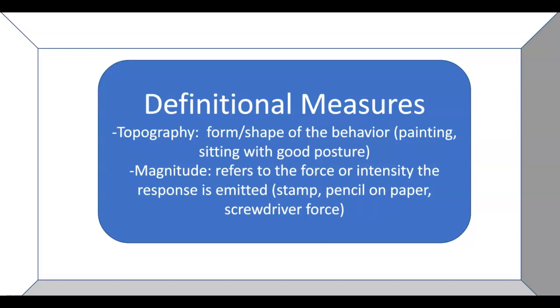These are magnitude, meaning it's not really the form or the shape of the behavior, but rather the force of the behavior. And it's important because, as these examples show, without a specific force, you may not be able to stamp or write.